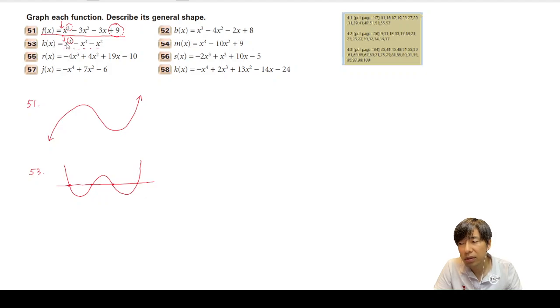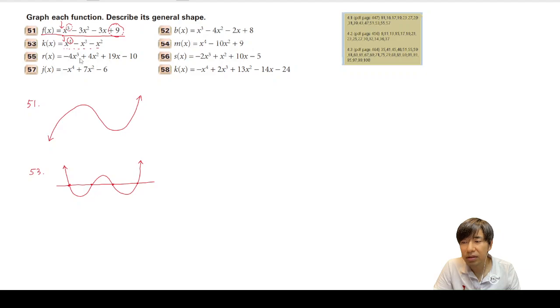And since the leading coefficient is positive, the right end will rise, and the left end will also rise. You have a bunch of other possibilities for something like this, and we'll get into that in later sections.